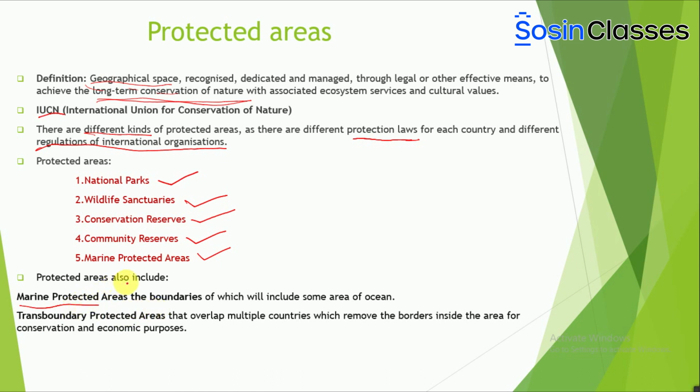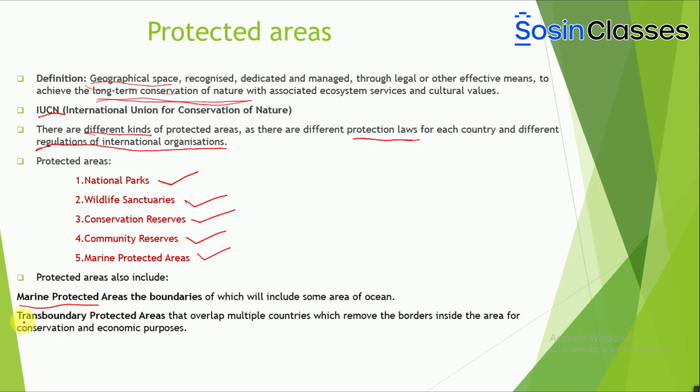These marine protected areas are parts of an ocean which contain very unique and endangered natural elements. Therefore, that part of ocean or sea needs to be protected. Such areas come under marine protected areas.